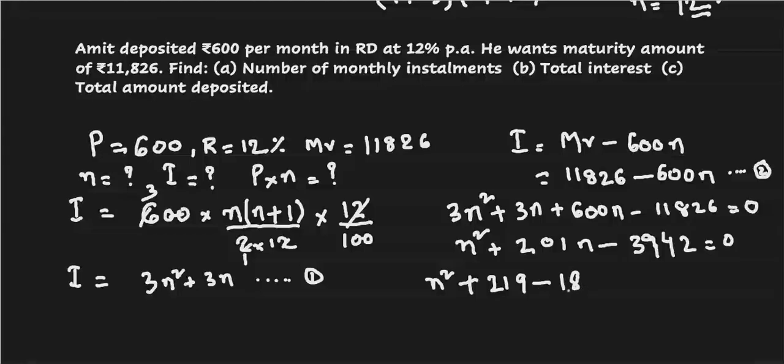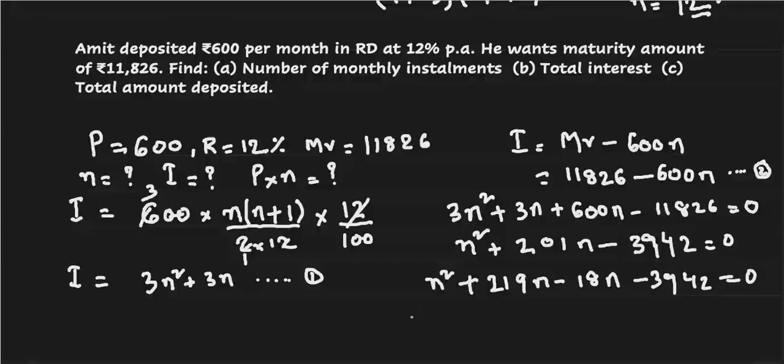So you have to make this logic. n square plus 219n minus 18n minus 3942 equal to 0.